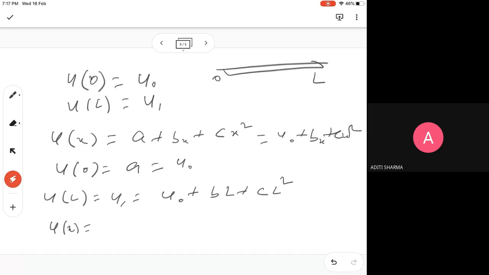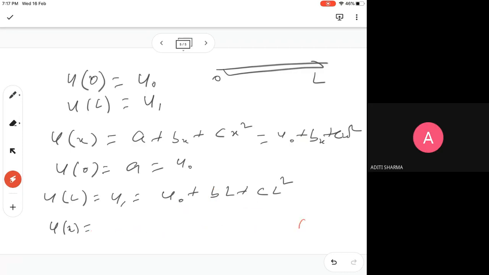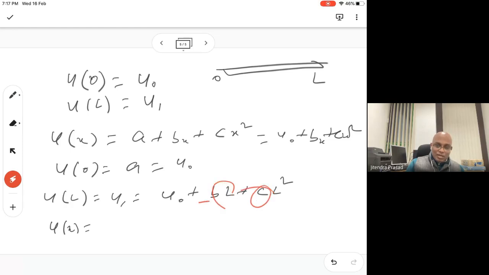Some of us have solved this, so this is the issue. You are saying in one case you put the value the way I have done here, and in the other you don't put this value and find b and c, and then you get a different value.